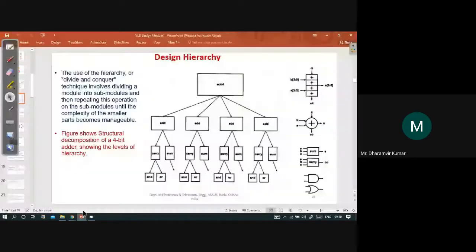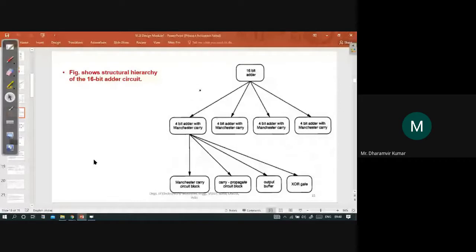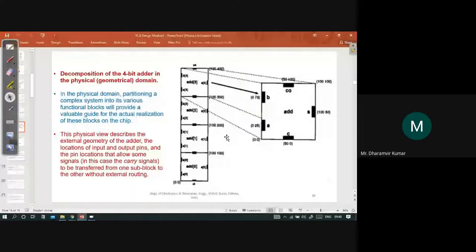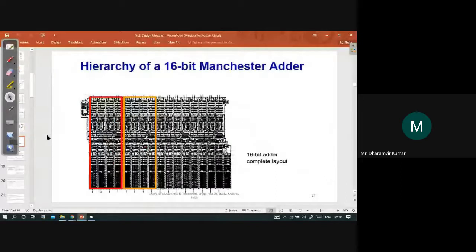And this was the geometrical decomposition, so the representation in terms of geometry or area. And then this was the actual layout that you'll get at the end of the design.